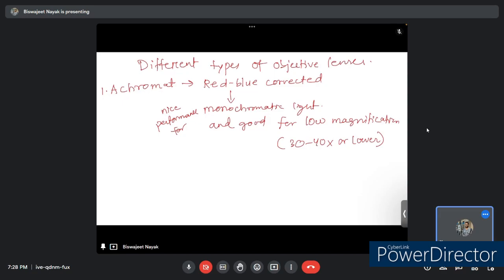When we say blue or red corrected, what wavelengths do we normally consider? For red, let's say 656 nanometer, and for blue it is around 486 nanometer. This you can remember.